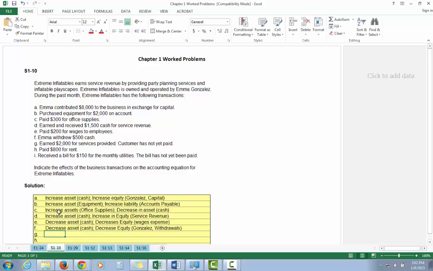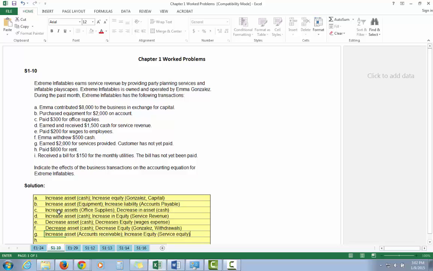Anytime a customer owes us for services we've already completed, we're going to have that asset called accounts receivable. So we're going to have an increase in our assets and have accounts receivable. And then we're also going to have an increase in equity because we provided that service. Okay, so we're going to have service revenue, and that increases our equity.